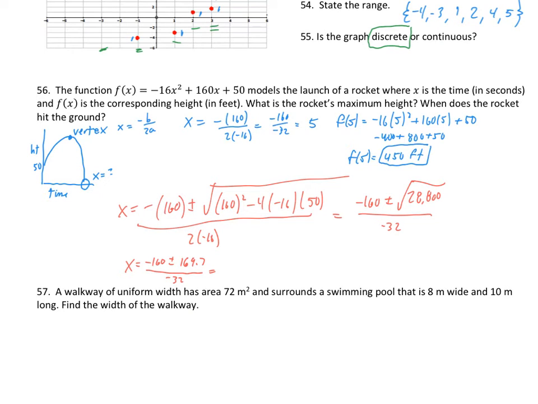So negative 160 minus 169.7 will give me the only real answer there. So that's 329.7, so negative 329 divided by negative 32. That's going to be just a little over 10. 10.3. So 10.3 seconds before it hit the ground.